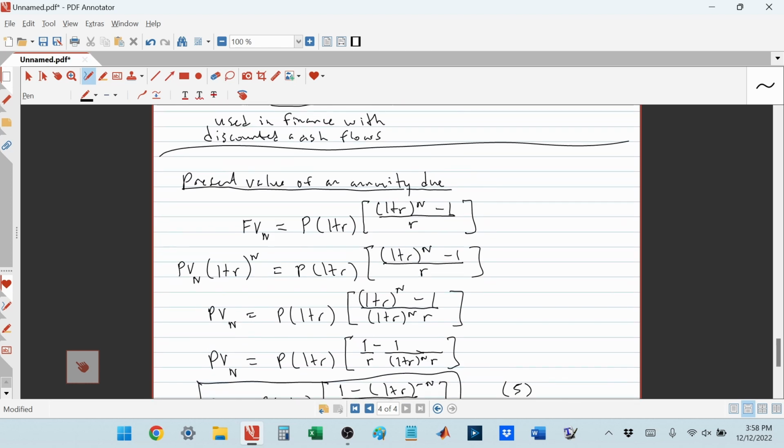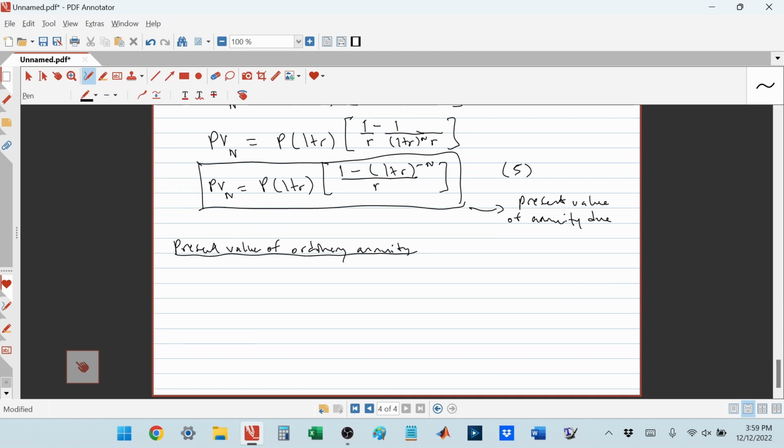We take the future value of an ordinary annuity, which is just P times this, and ask what amount would make me indifferent between putting P dollars in at the end of every period for the next n periods and letting it grow, versus just getting an amount right now and investing it once in an account and letting it grow for n periods. The amount that makes me indifferent is the amount such that the two alternative investments would be equal in balance at the end of n periods.